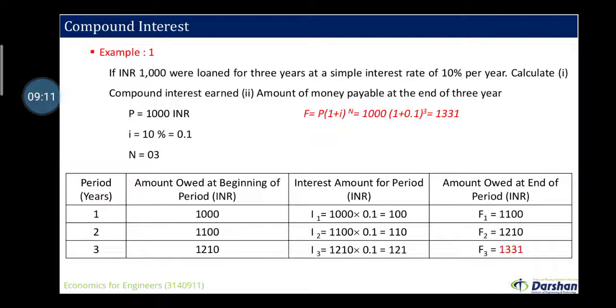So 1100 plus 110, so 1210 rupees. Then 1210 rupees is the principal amount for the third year, and 1210 rupees multiplied by 0.1, so you get 121. So the total amount is 1210 plus 121 rupees. So at the end of the final year you should pay 1331 rupees. I hope you understand it.